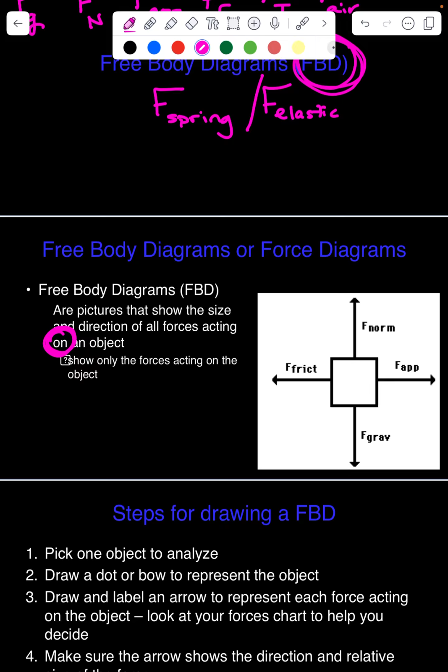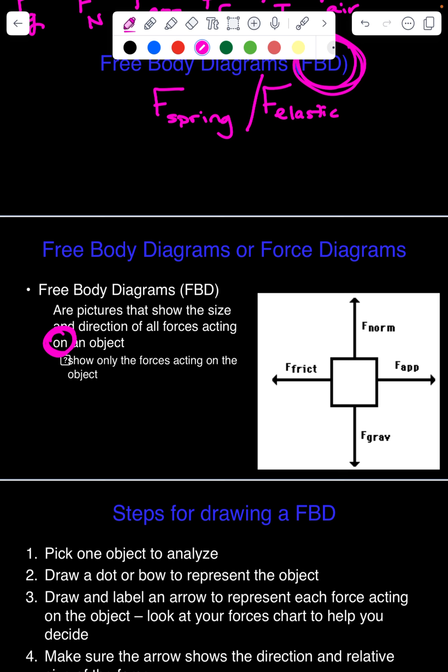Now, this does not include forces that are working from within an object. I know that sounds weird, but if you think about a car, say I slam on the brakes in the car. I am not going to include an applied force of me stomping on the brakes.